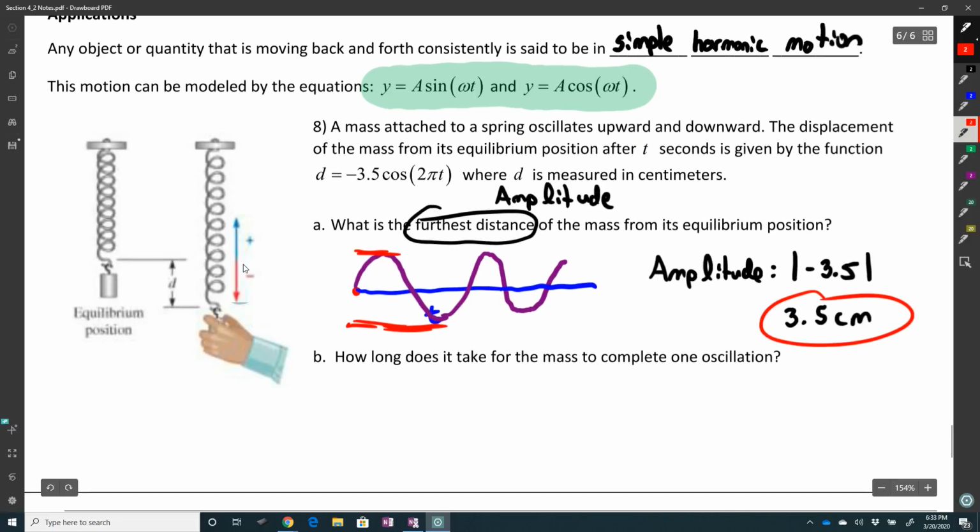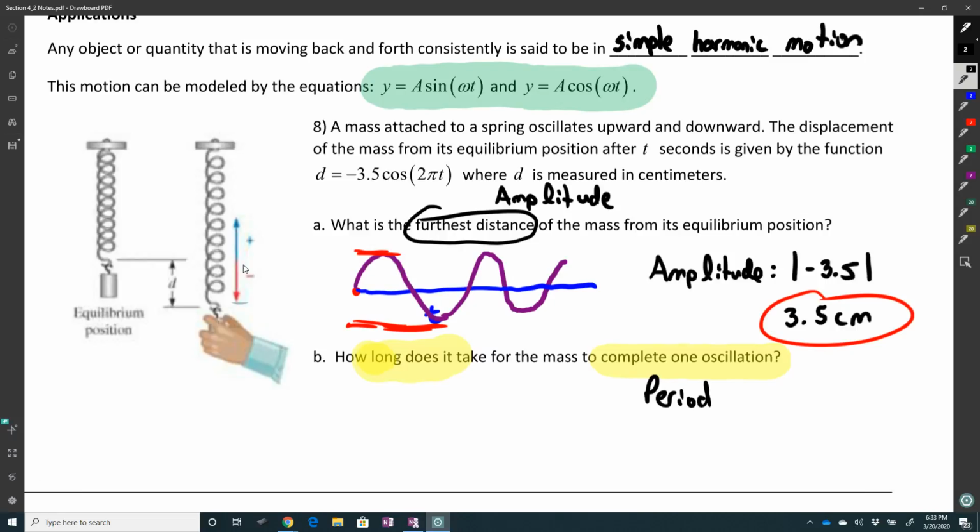How long does it take to complete one oscillation? So when they're saying that, how long does it take one oscillation? All that is the period. And so here I'll use the formula. So the period is 2 pi over b, and the b here is also 2 pi.